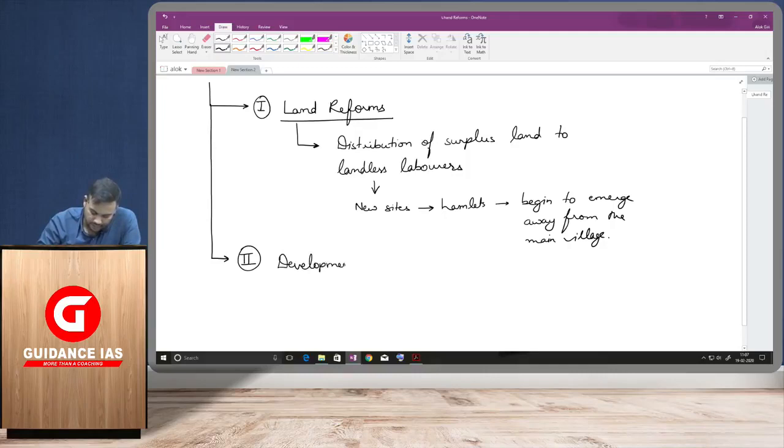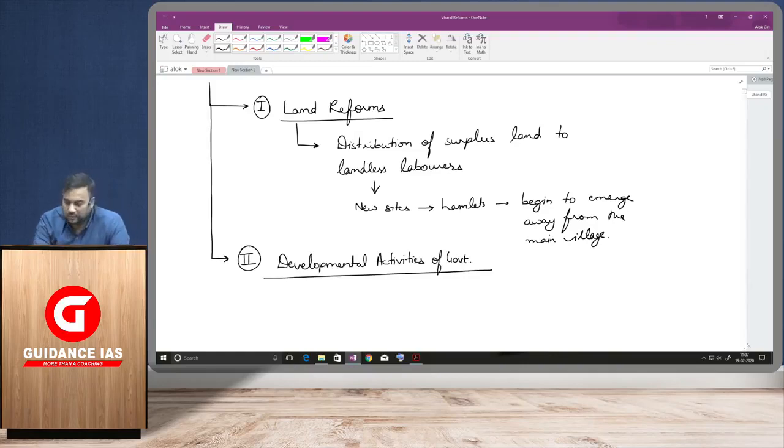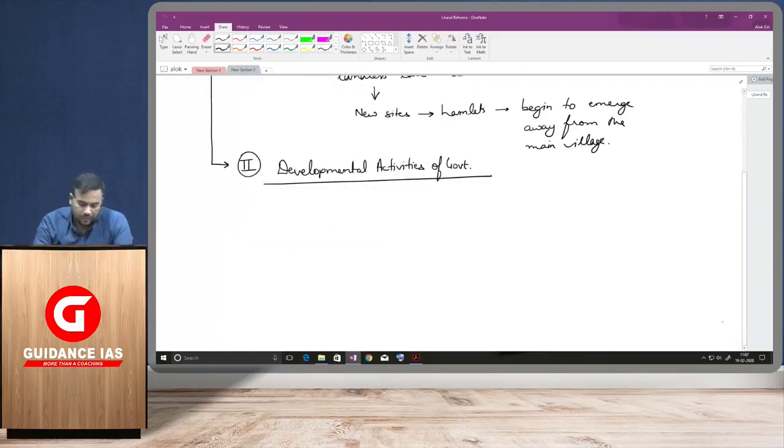the developmental activities of the government.